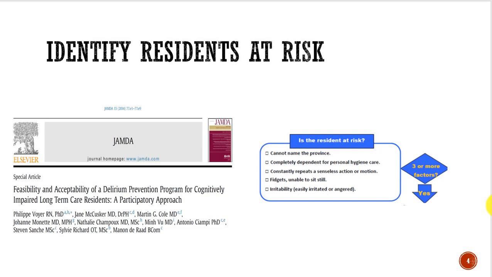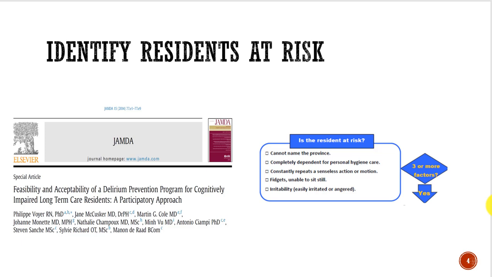Here's another example, but this time the study was conducted in nursing homes, and they wanted to identify residents with cognitive impairment that are at risk for delirium. In this study, this is the way they define the resident at risk for delirium. That's why they created the group on which they would apply the preventive interventions.